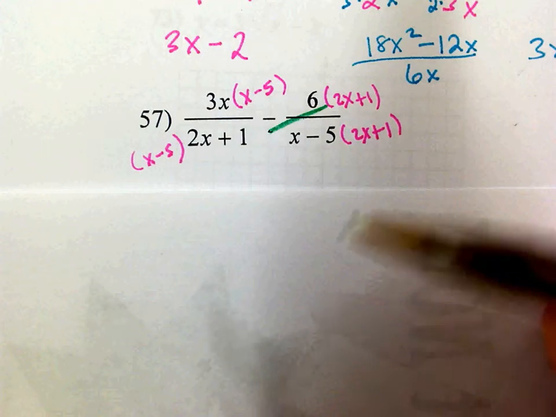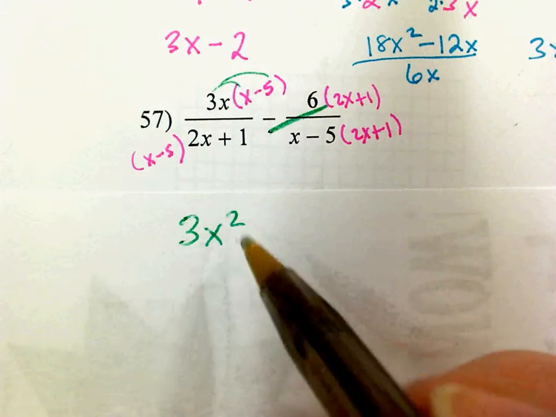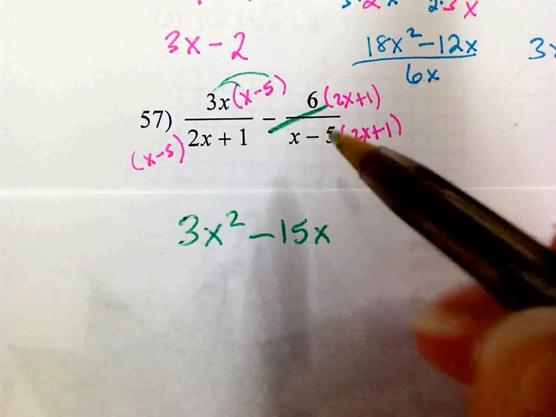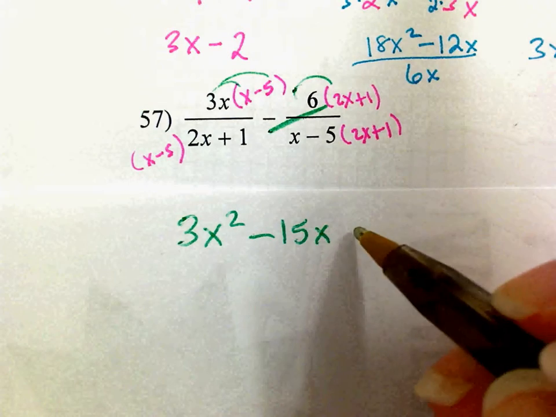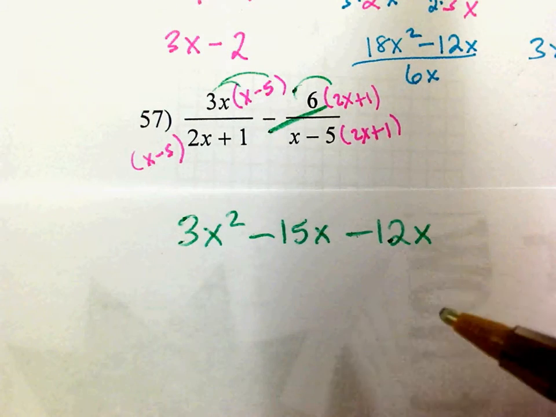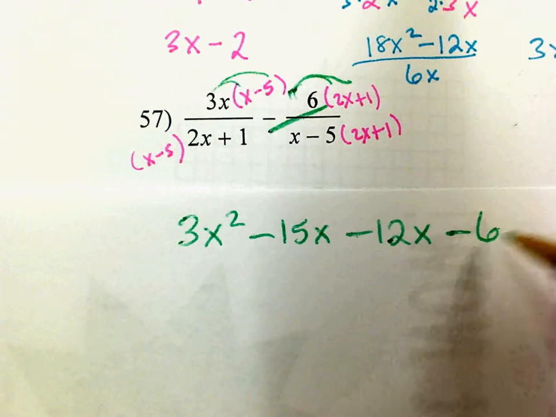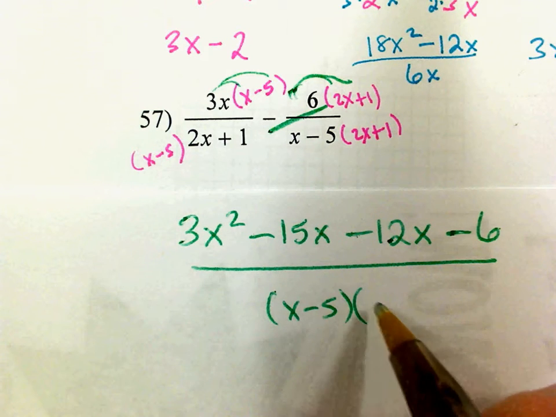So when I distribute this, I've got 3x times x is 3x squared. 3x times negative 5 is negative... Okay. I'm going to distribute a negative 6. So negative 6 times 2x, negative 12x, and then negative 6 times positive 1. Good. Over the common denominator of... Okay.